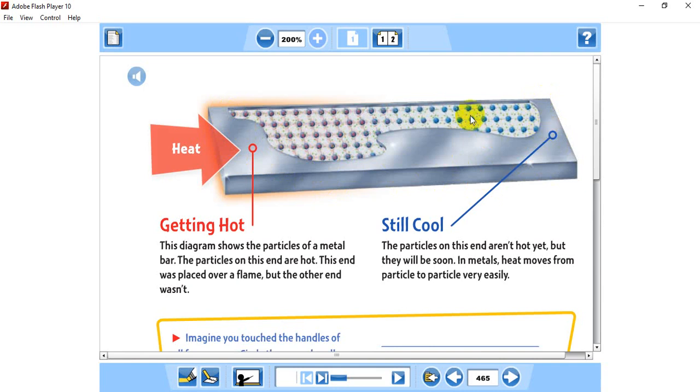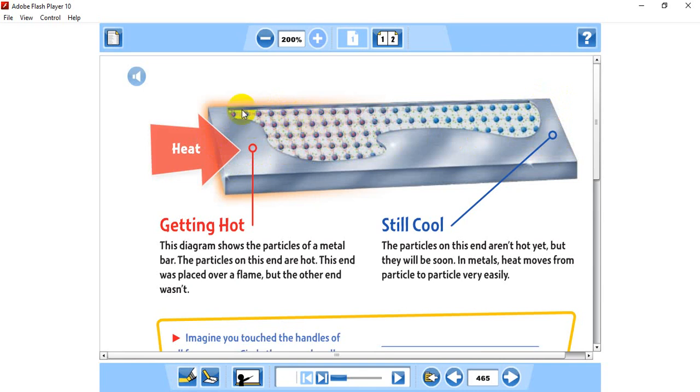So you touch it from here and you heat up the bar from here. For that reason, the heat will move from here to the end of the bar where you hold it. Okay, that's what I mean. See the particles with the red dots here.